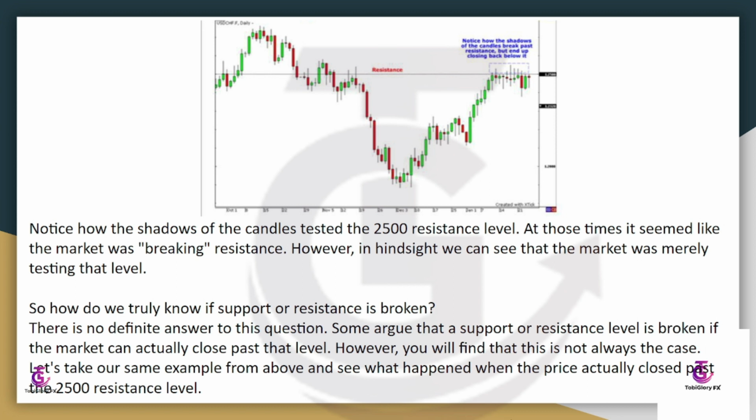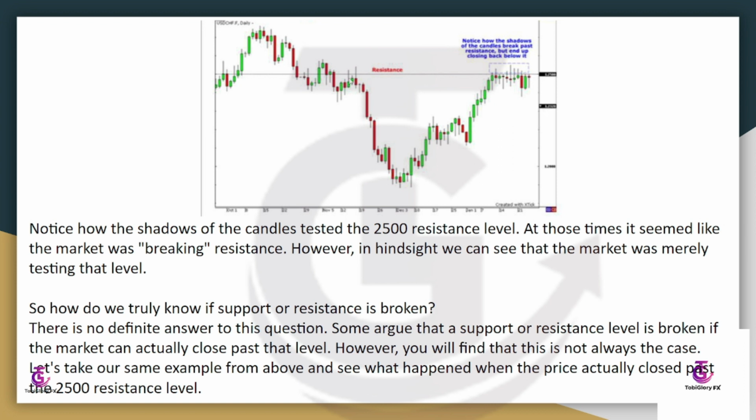However, you will find that this is not always the case. Let's take our same example from the above image and see what happened when the price actually closed past the 2,500 resistance level, which is this area.